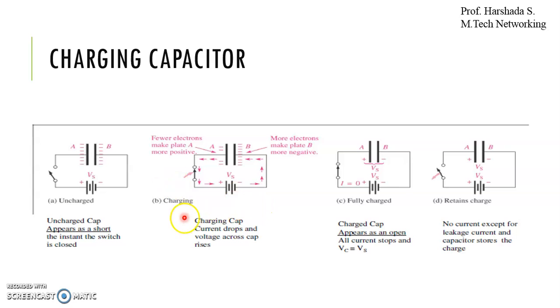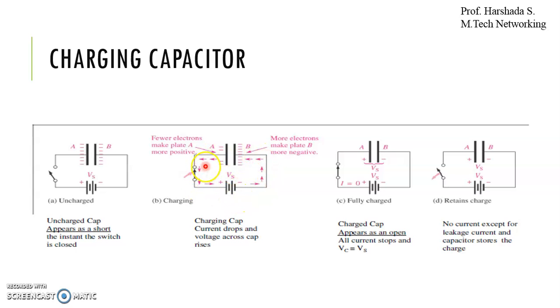Now see in the B part, this is the charging. While charging the capacitor, the current drops and the voltage across the capacitor rises. It means when we close this knob, this one is the open tab and this one is the closed tab. So when we close this knob, the flow of current passes from this battery to this circuit.